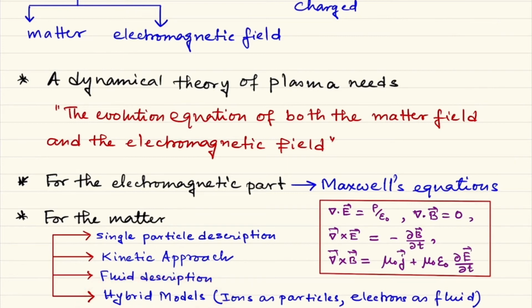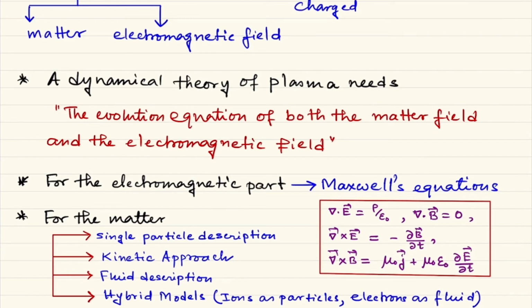That means they are interested in such a length scale or time scale that the ions still behave as particles, because ions don't move so much, and the electrons behave as a fluid, because they are very mobile, so they can actually constitute a continuum. How is that? We will talk qualitatively in the next lecture.